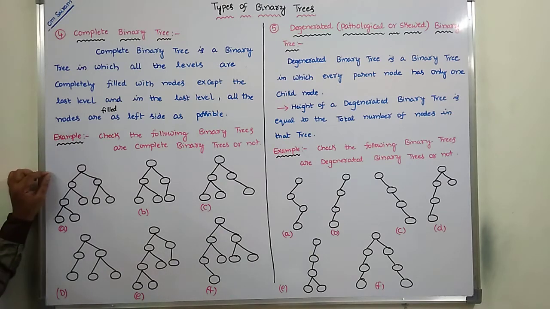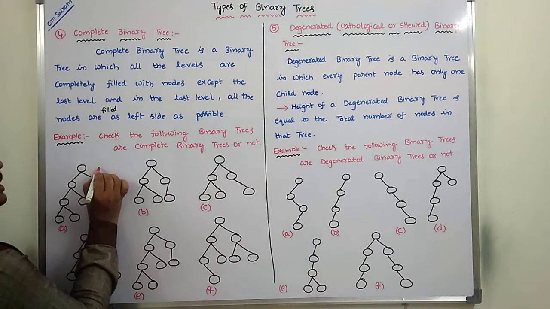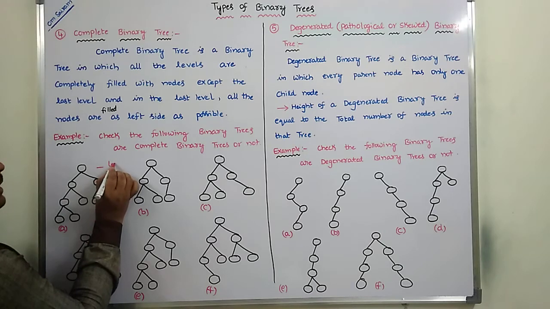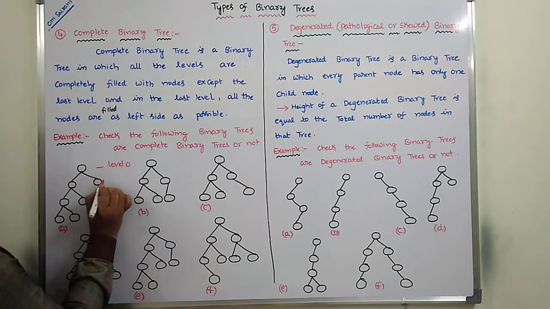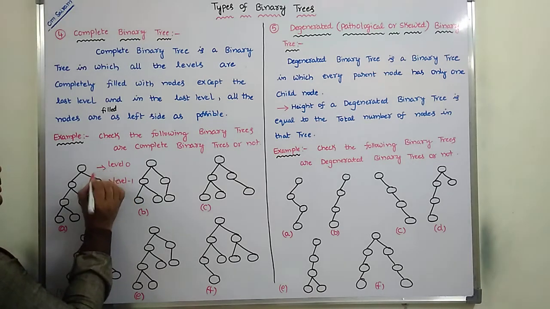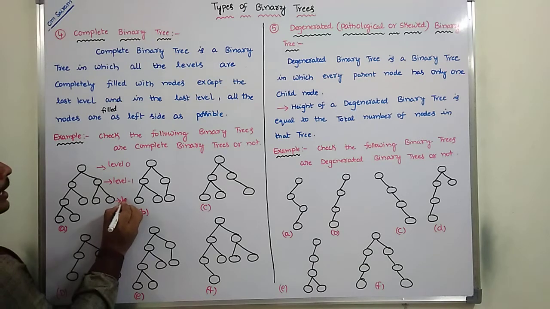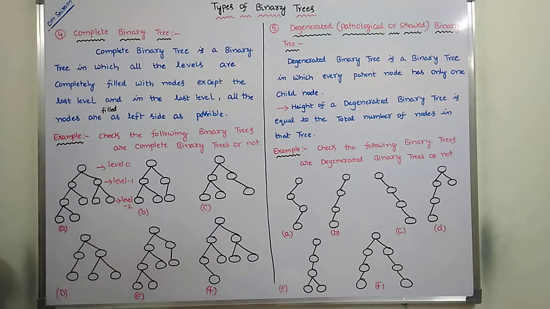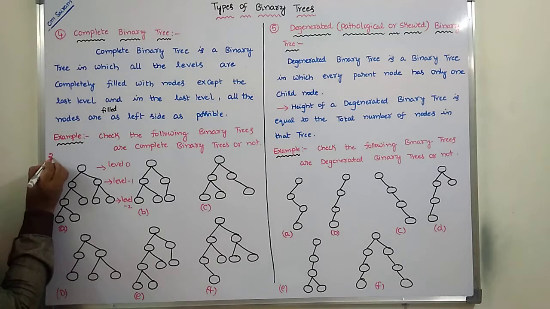In this one, this is level 0, this is level 1, and this is level 2. In a particular level, how many nodes are there? That is 2 power L nodes.